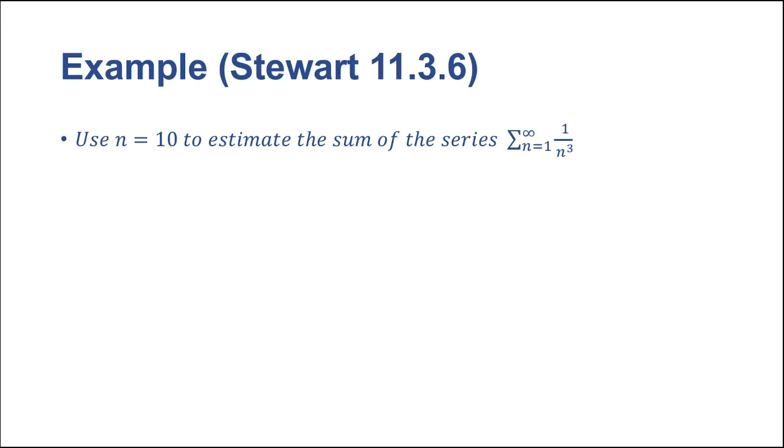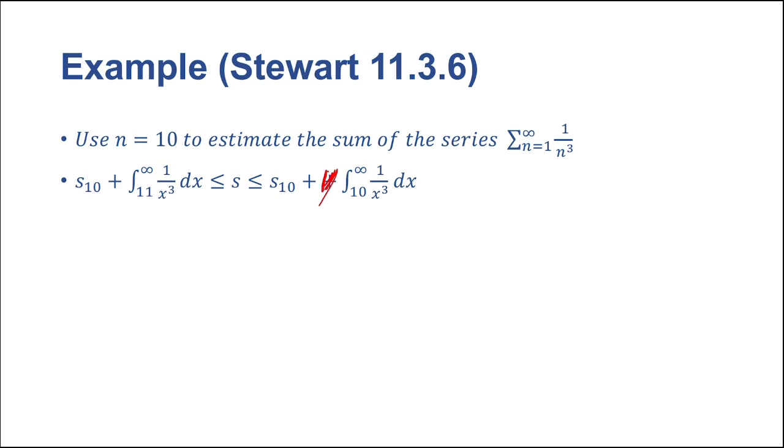Right, so what do we want to do here? We want to plug this into that second theorem that we had. So we have that the 10th partial sum plus the integral between 11 and infinity of 1 over x cubed dx is less than or equal to the sum, which is less than or equal to the 10th partial sum plus the integral between 10 and infinity of 1 over x cubed dx.